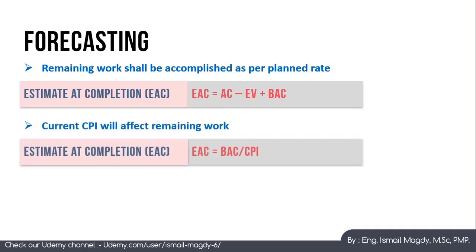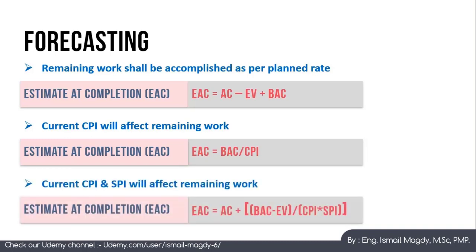Second condition, if the current CPI will affect the remaining work, the estimate at completion is going to equal the budget at completion over the CPI. And finally, if both CPI and SPI will affect the remaining work, the estimate at completion is going to equal the actual cost plus the following: budget at completion minus earned value, over CPI multiplied by SPI.